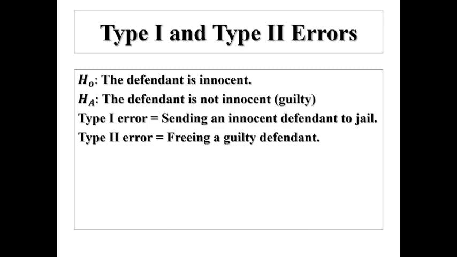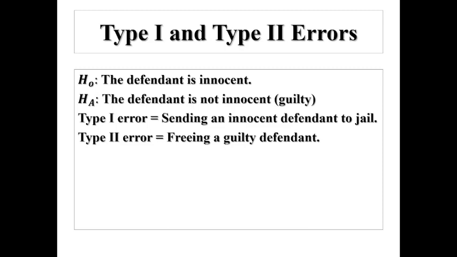He may commit a crime again in the future, then he or she still has a possibility to get caught. But this one, you already put into jail. Maybe it's a death punishment. Okay? So type 1 error is usually more serious than type 2 error.